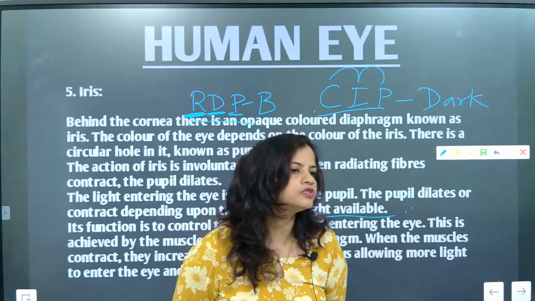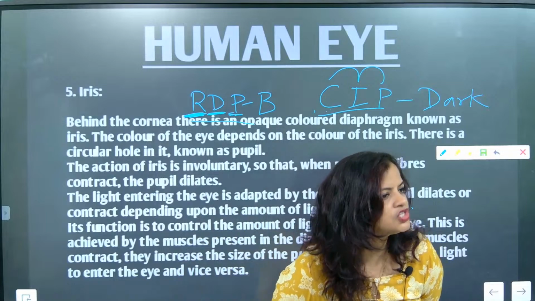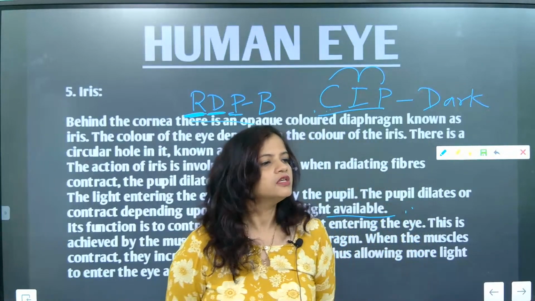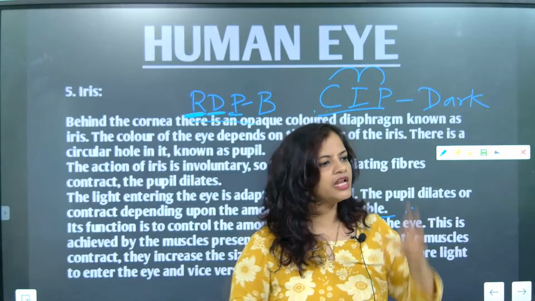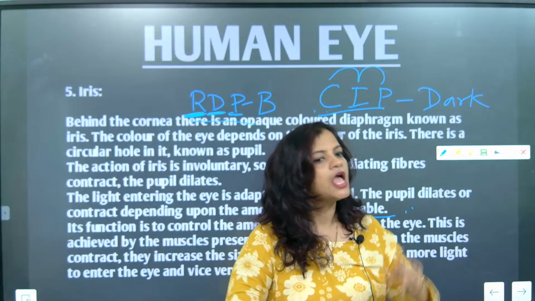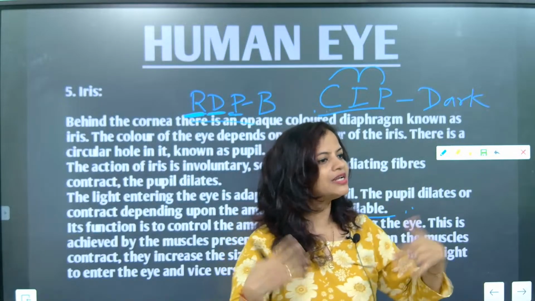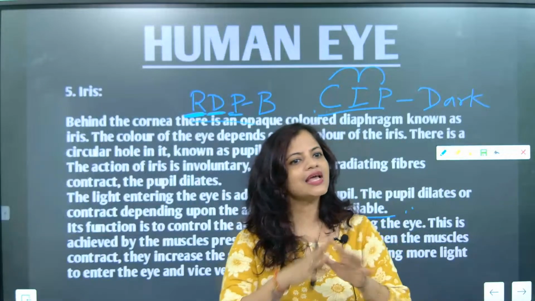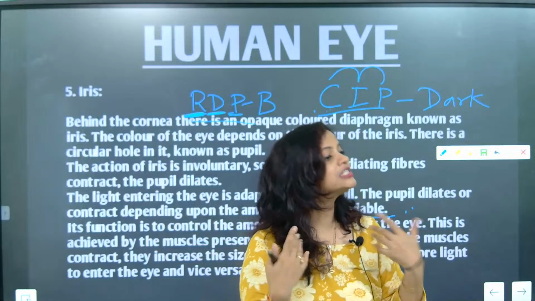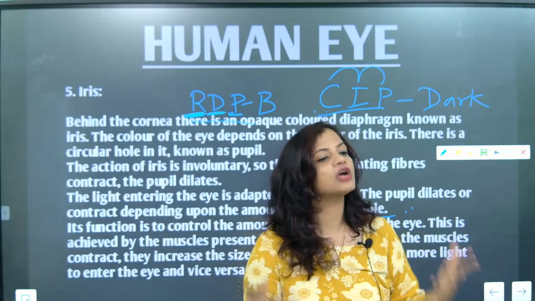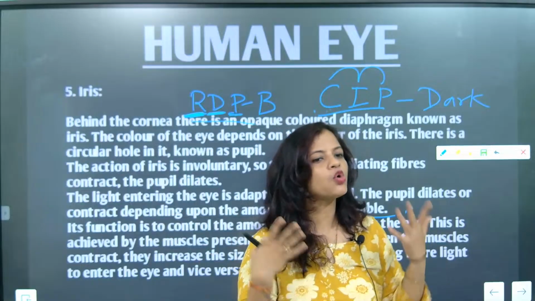Rods and cones. Which one is making vision in the dark? In our eyes, the number of rods is less and the number of cones is more. So we can see colorful objects. Cones give color. The wavelength of the color can be sensed by the cone cells.